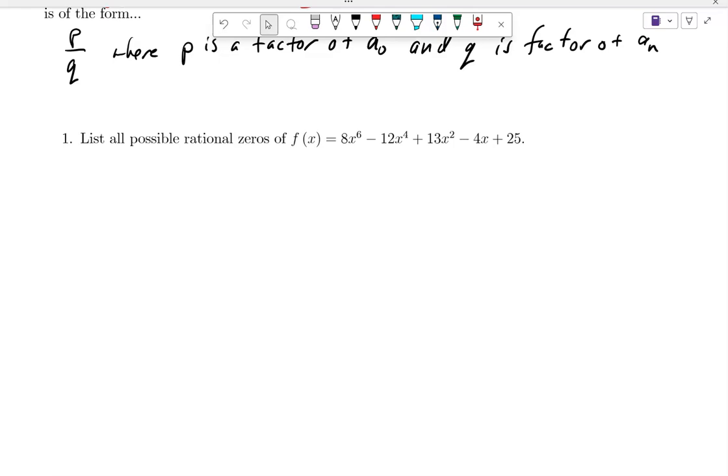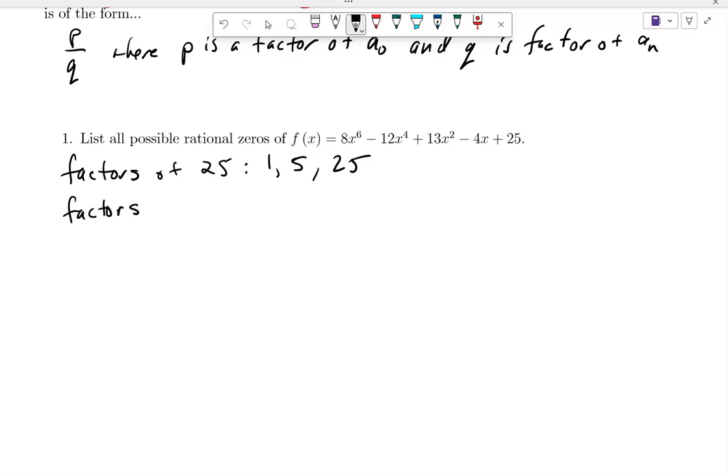What is the constant in this case? 25. Good. So first thing we want to write down is factors of 25. What are the factors of 25? Okay, so 1 works, and 5 works, and then 25, right? That's it. What's the leading coefficient? 8, right?